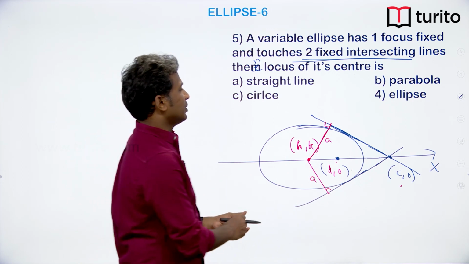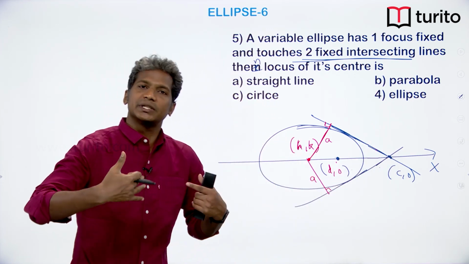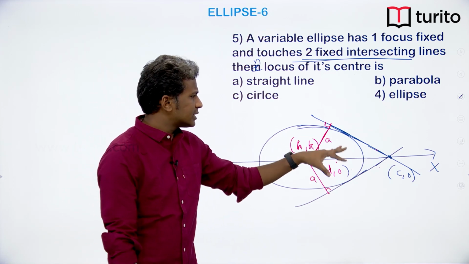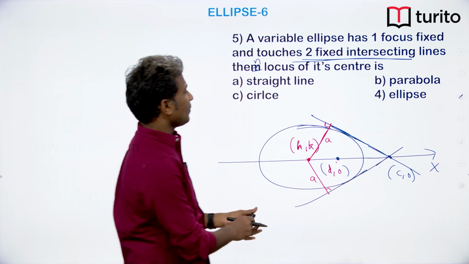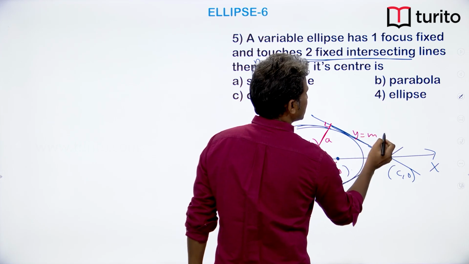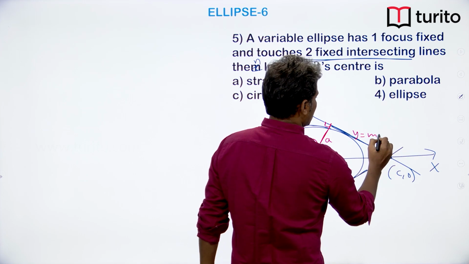If I take these two lines as symmetric lines for simplicity, because I am taking this x axis as the angle bisector, then let us say I take this as y equal to m x.